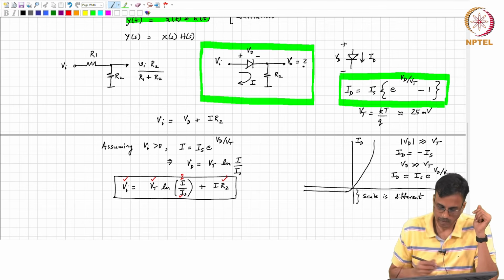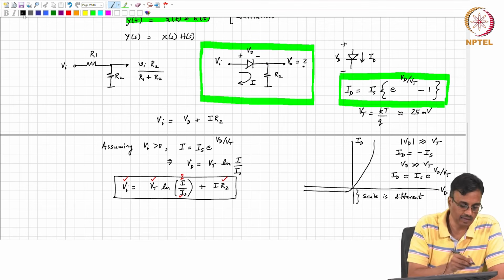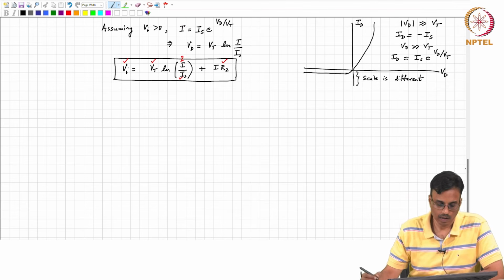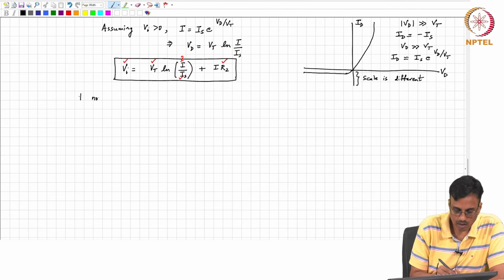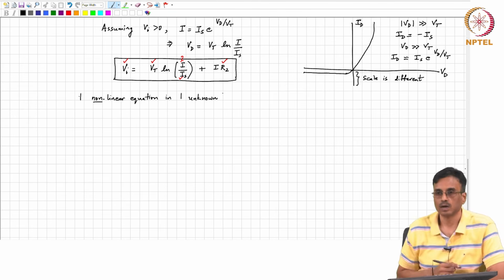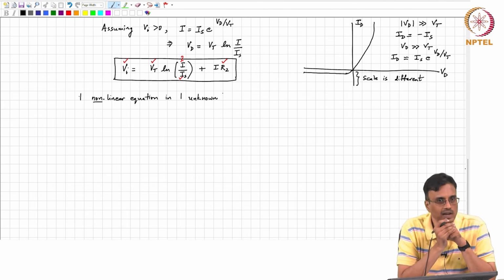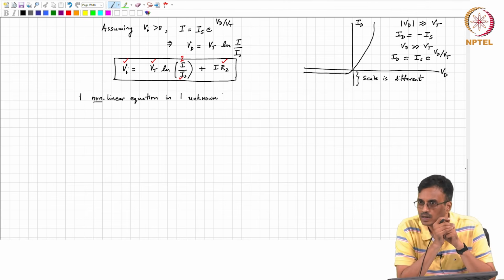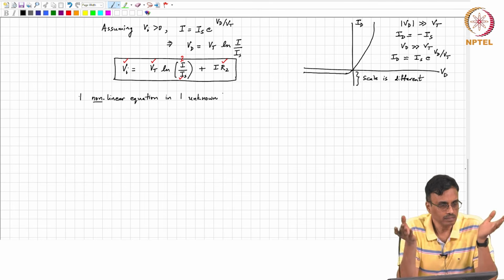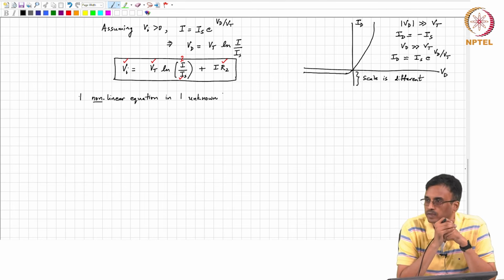Okay. So, clearly this is one nonlinear equation in one unknown. Unfortunately, this is a difficult nonlinear equation to solve. This is a transcendental equation, and therefore, what do you propose that we do to go and find I?